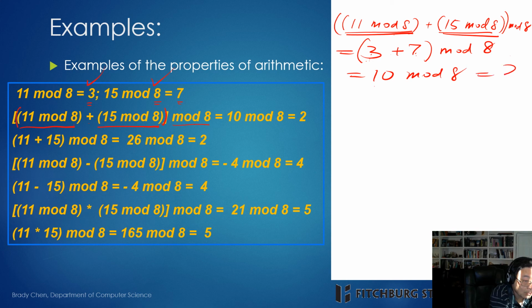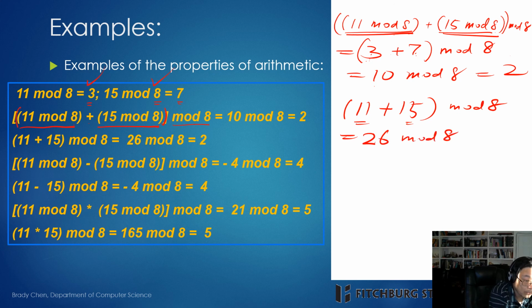Now what is this? This is 2. Now if we directly calculate 11 plus 15 mod 8, that's 26 mod 8. Now what's the result? 26 divided by 8, we get 4. Oh no, I'm sorry, it's 3. 3 times 8 is 24, and we get a remainder of 2, right? So it's 2. So we got the same result.